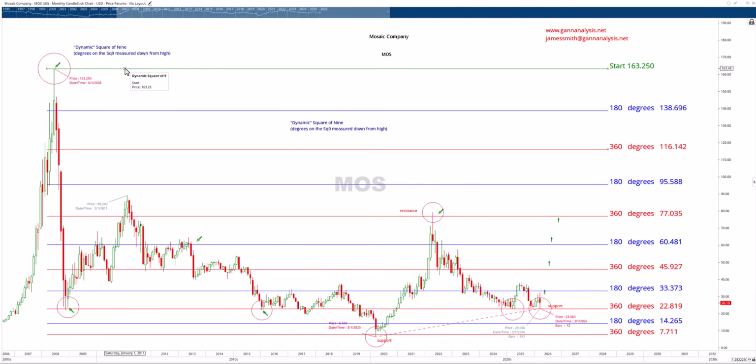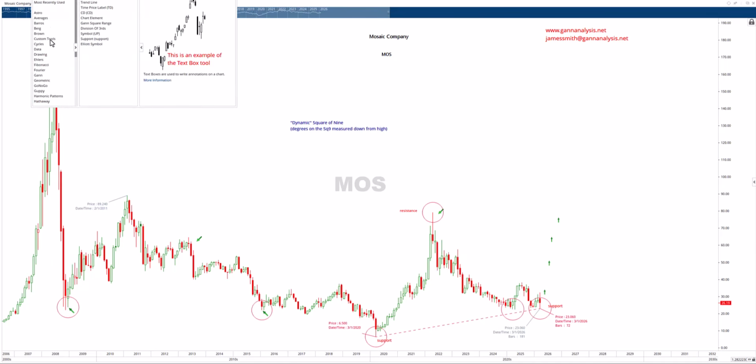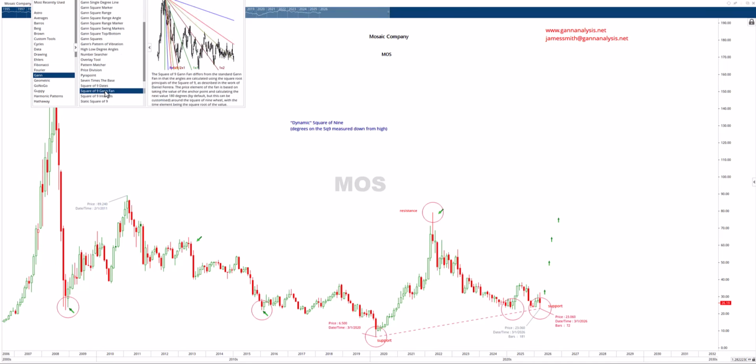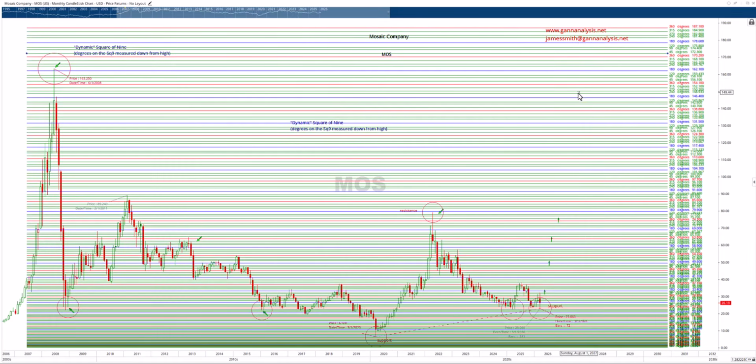So to show you what that means, let me change this. I'm going to clone this chart, and remember 163 was the high, 138.69 was 180 degrees down from high, 116, 360. Now if we change this, instead of using dynamic square of 9, we'll come in here and select the static square of 9, and I'm going to change the scale on this because this is not the right scale.